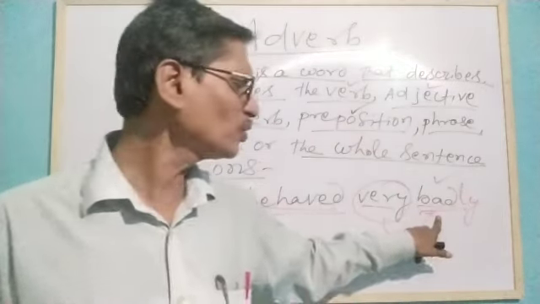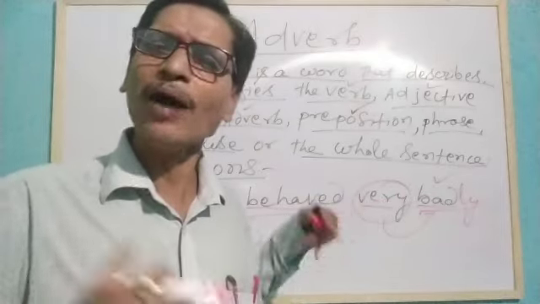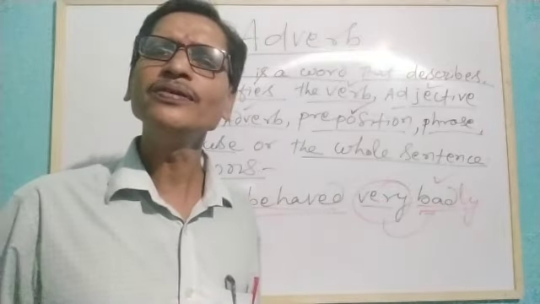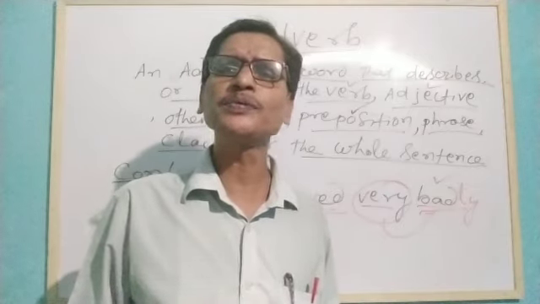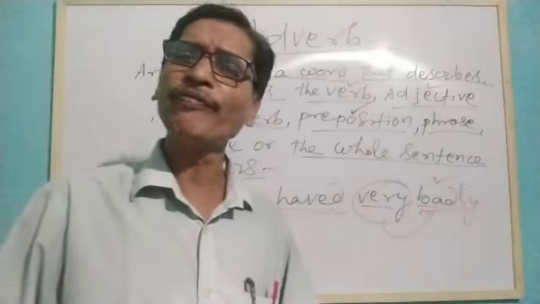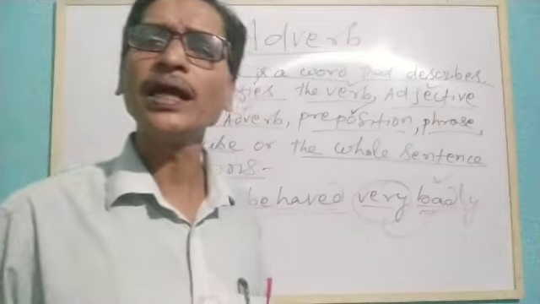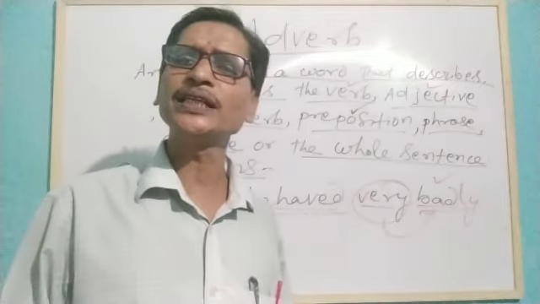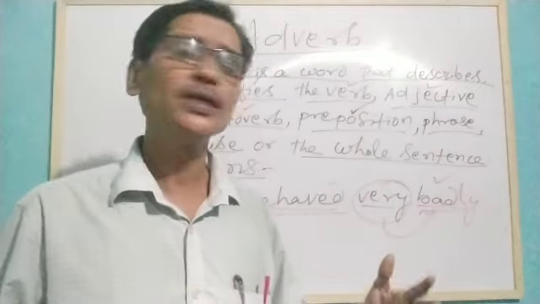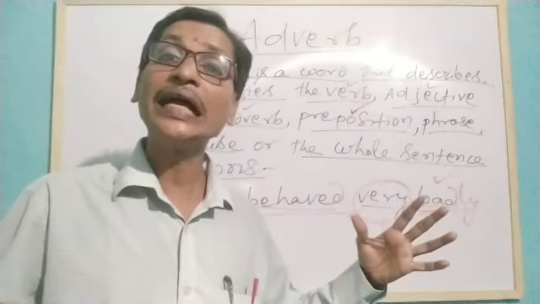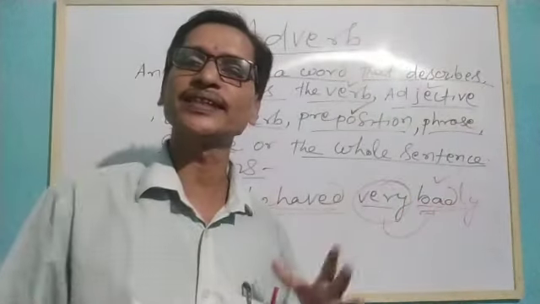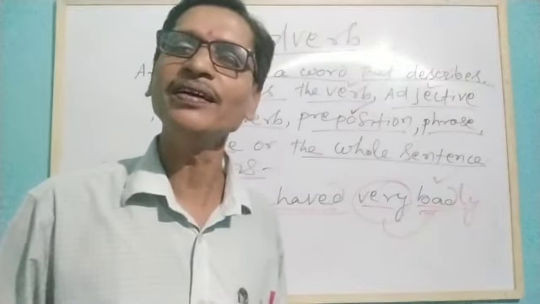Understand? So now we understood how adverbs function, how adverbs enhance, modify or describe the meaning of verbs, adjectives, other adverbs, prepositions, phrases, clauses, and even the whole sentence's meaning. They are called adverbs.